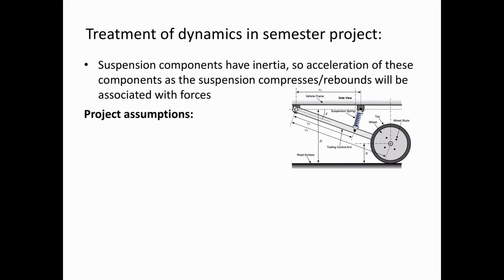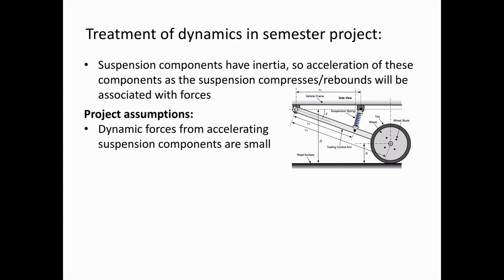In this project, we're going to make a number of simplifying assumptions, including that the dynamic forces from accelerating suspension components are really small compared to the other forces in the system. For example, the spring force in the suspension system. We're going to assume that is far larger than the forces due to acceleration of the suspension components.